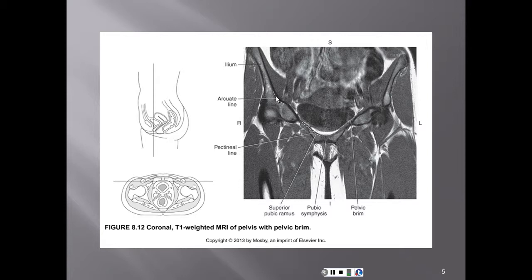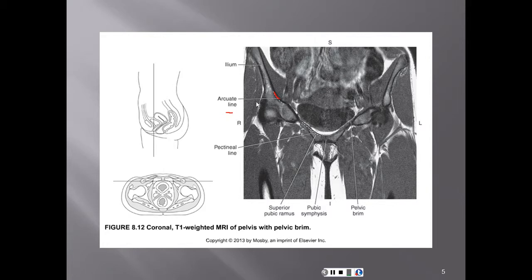MRI T1 weighted image of the pelvis with pelvic brim. This image can be found on page 500. And here we have the arcuate line. Right there, the arcuate line.